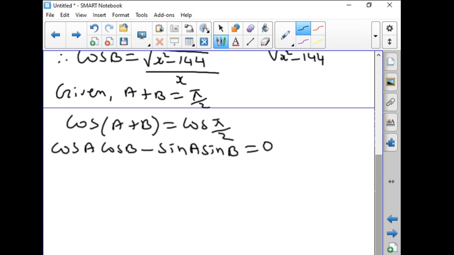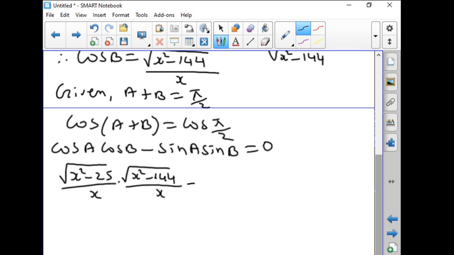What is cos A? Cos A is equal to root of x square minus 25 by x. Cos B is equal to root of x square minus 144 by x. Minus sin A is 5 by x and sin B is 12 by x, is equal to 0.